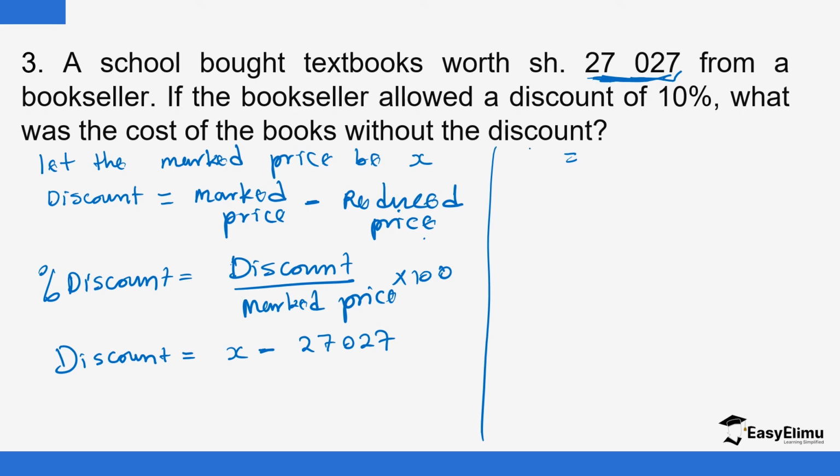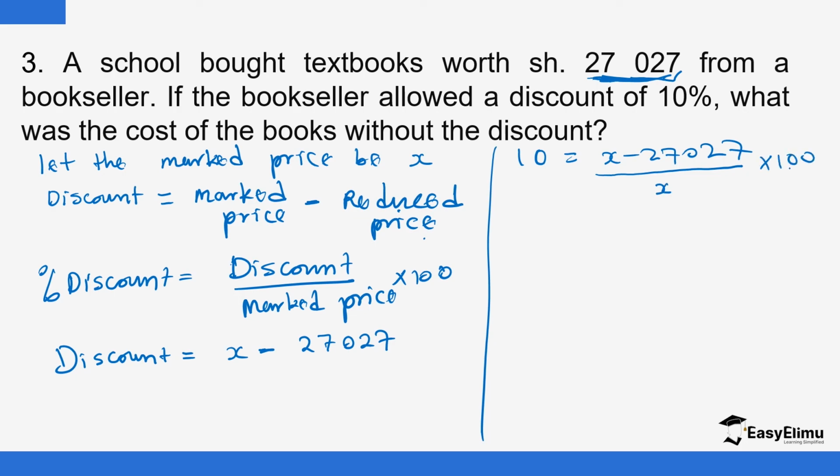So percentage discount is given as 10%. Then the discount is X minus 27,027. Then you divide by the mark price, which is X, and then you multiply by 100.